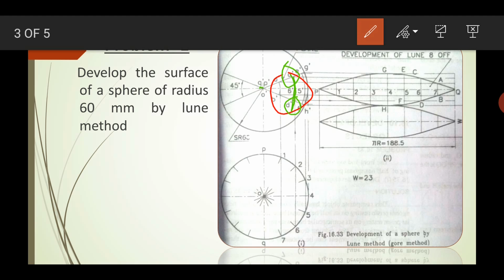As you know, I just take two of the loons here. The first one is this one, and the second one is this one. I take the opposite loons and mark this C dash and D dash.